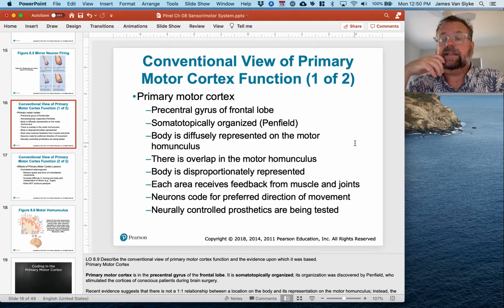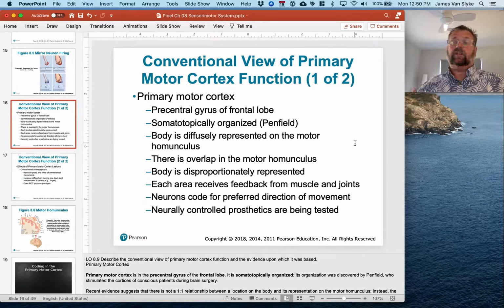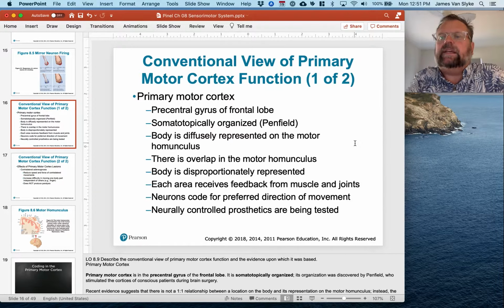So you have to judge how you're going to keep holding that thing, and you're going to have to exert more effort because it requires more time to carry something heavy. You'll feel that natural urge to drop it or not carry it anymore. So there's always going to be feedback involved in any type of motor action we are doing. Different neurons code for the preferred direction of movement.